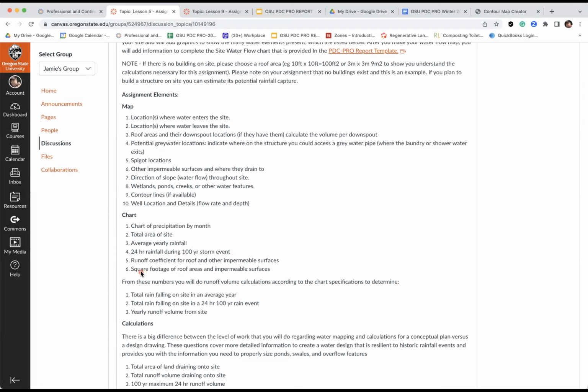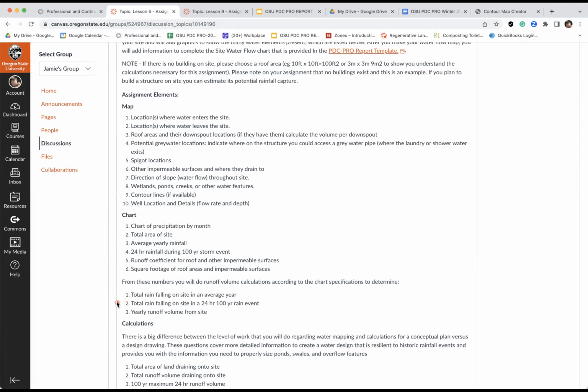We want to know the square footage of these areas and your impermeable surfaces. Then you can take that and look at the total rainfall on your project site in a year and the total volume in a 24-hour rain event. Even on a small urban lot, the amount of water that falls in a calendar year in the Pacific Northwest is staggering.